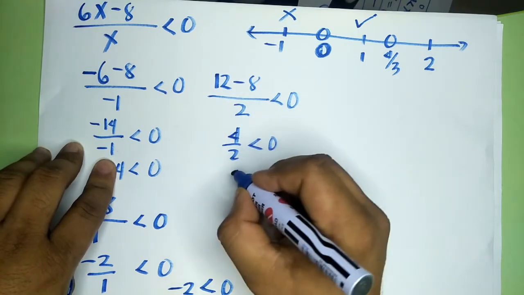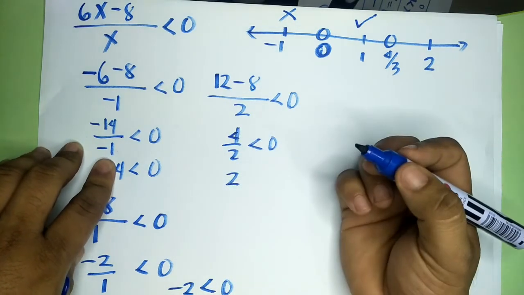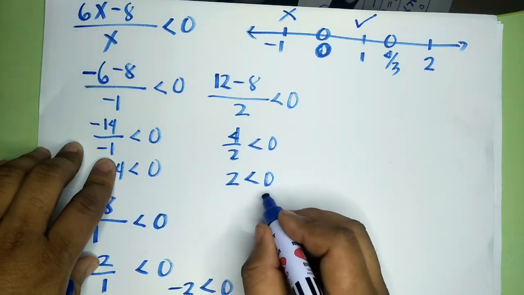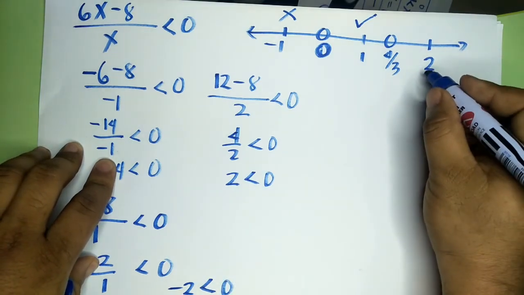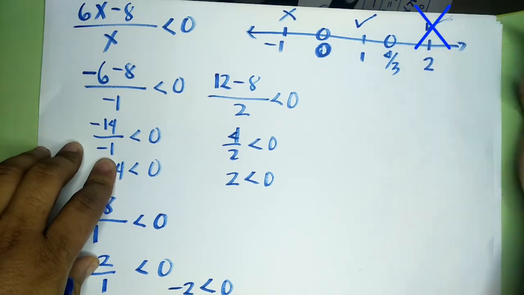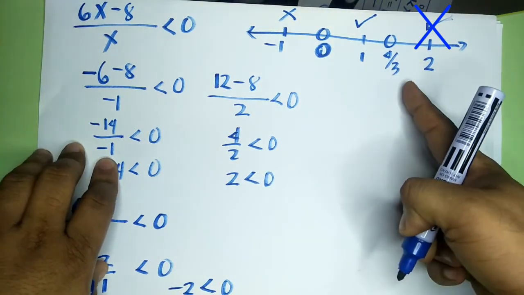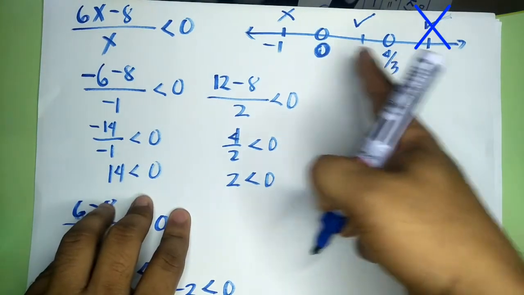So, 4 divided by 2, that is 2 less than 0. So, positive 2, hindi siya less than kay 0. So, ibig sabihin, hindi included yung nasa kanan ni 4/3. So, included lang natin ay nakapagitan kay 0 at 4/3 at hindi pa sila kasamang dalawa.